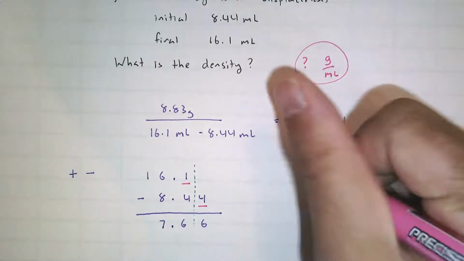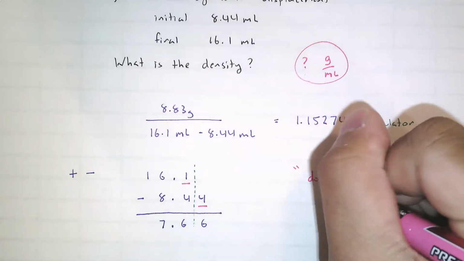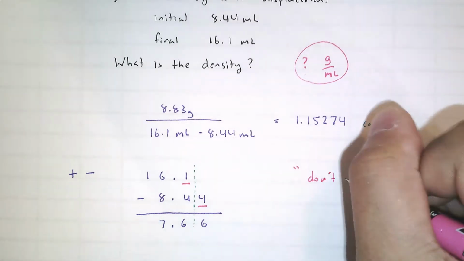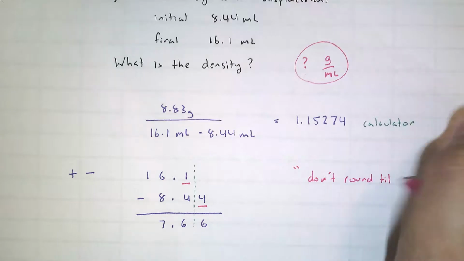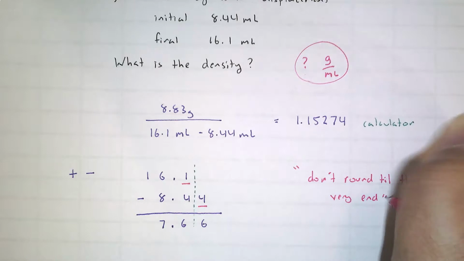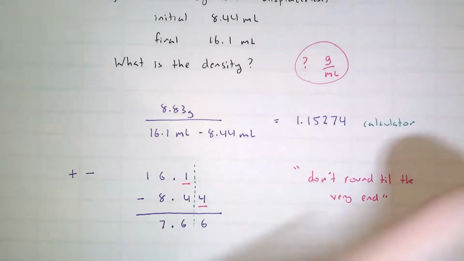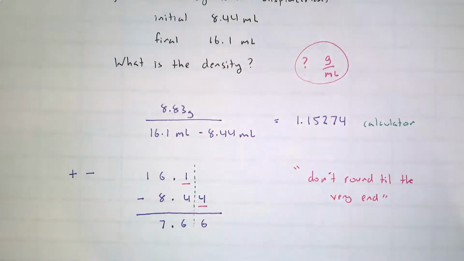Because another thing you want to remember is don't round until the very end. With enough calculations and operations, if you keep rounding after every single operation, or if you round multiple times, you're going to round yourself into some very significant error, and you'll potentially be quite far from the actual value.